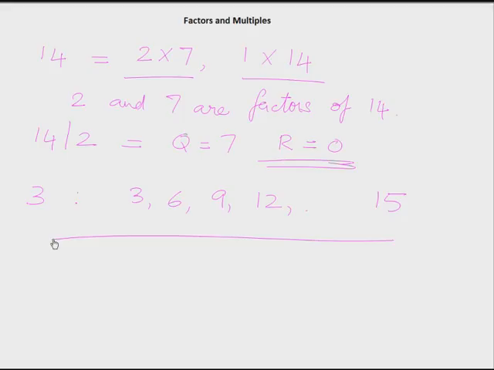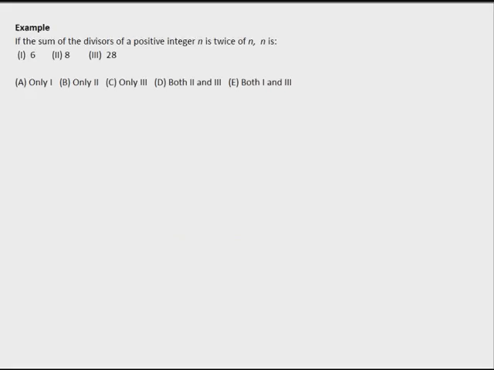So multiples are those numbers which are evenly divided by the given number. So the multiples of 5, for instance, are 5, 10, 25, 105, 2000, because all these numbers are divided by 5 with remainder 0. And 5 is a factor of all these numbers because 5 divides each of these numbers.